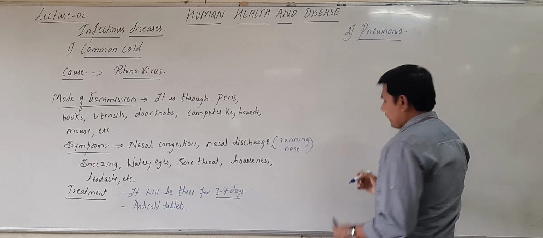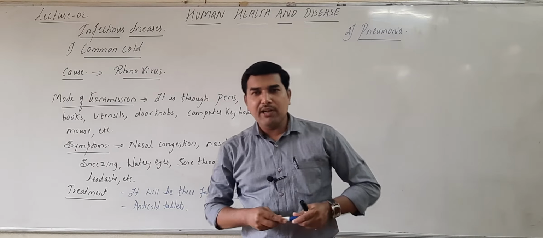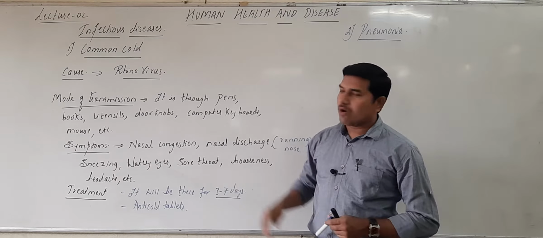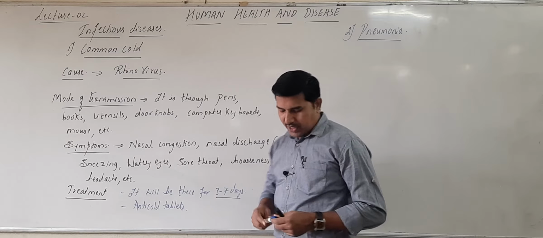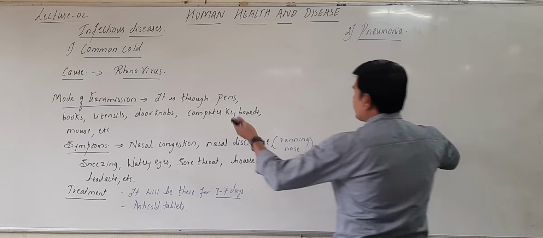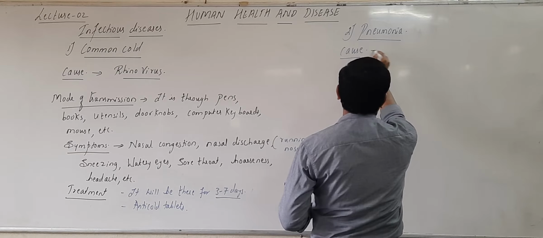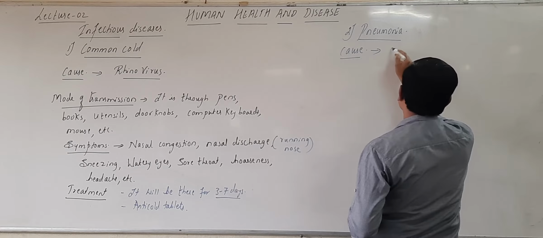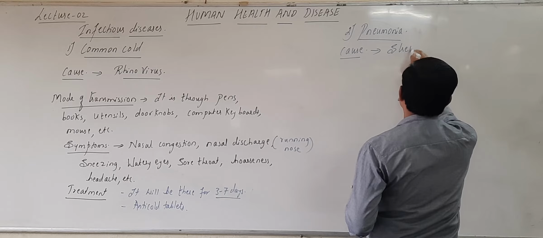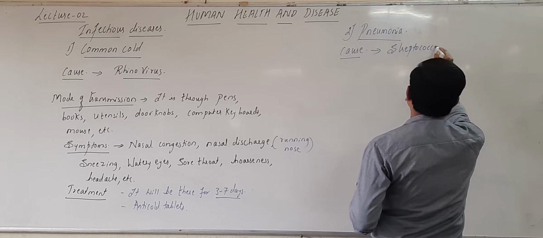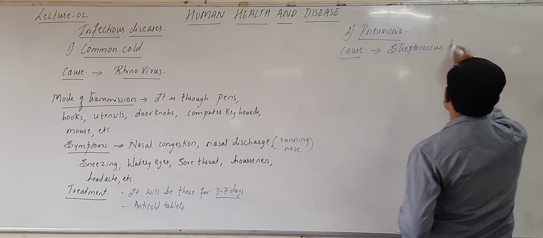Okay, after the pneumonia I'll tell you the basic difference between common cold as well as pneumonia. Now in case of pneumonia, let's go to the cause with the same reason. It is mainly caused by Streptococcus pneumoniae.